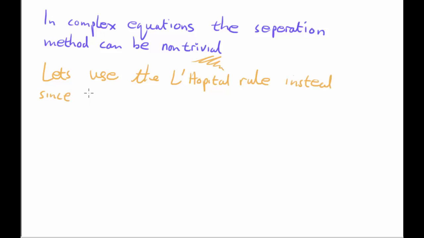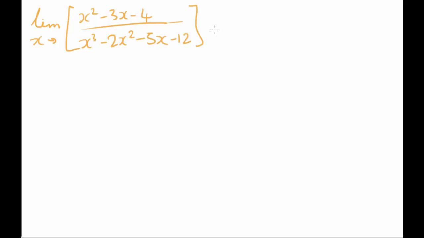So using L'Hopital's rule instead, since the equation went to 0 over 0 as x goes to 4, we'll have a go at the example I did in the second tutorial, where the initial equation was x squared minus 3x minus 4 over x cubed minus 2x squared minus 5x minus 12. I'll give you a link right here.